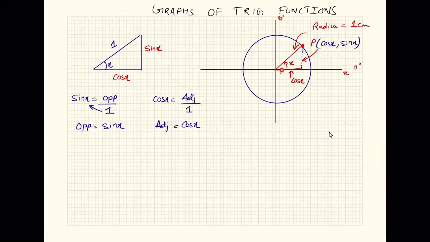Because if you want to reach out to point P from the origin, you will have to travel this amount of distance in the x direction, which is cos x, and this amount of distance in the y direction, which is sine x. So the coordinates of P are going to be cos x, comma sine x. This is the x coordinate, this is the y coordinate. So far, is this clear?